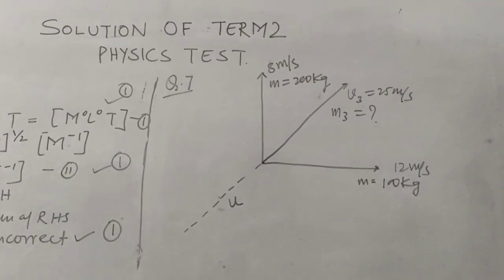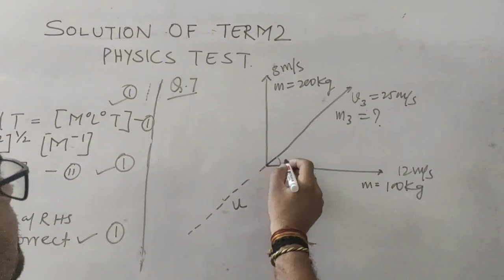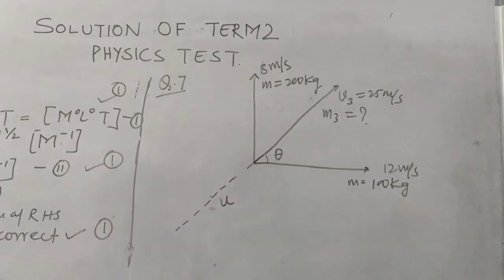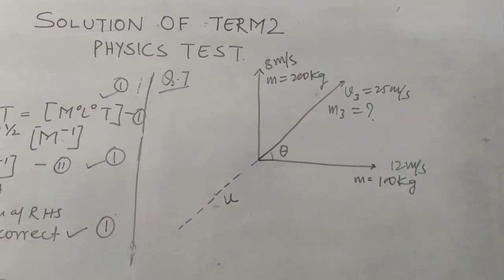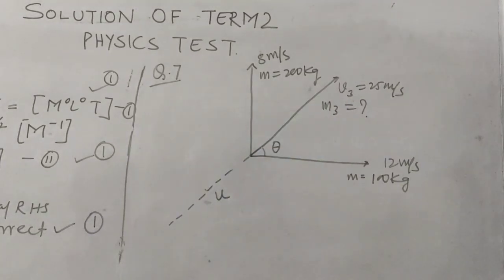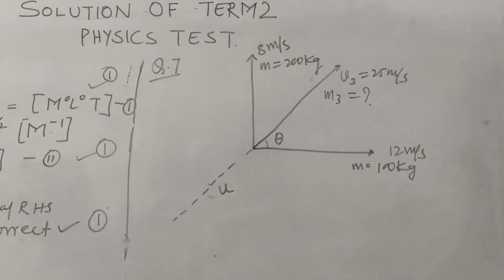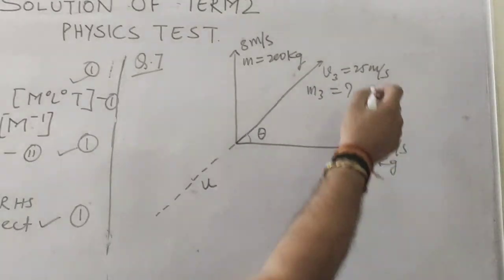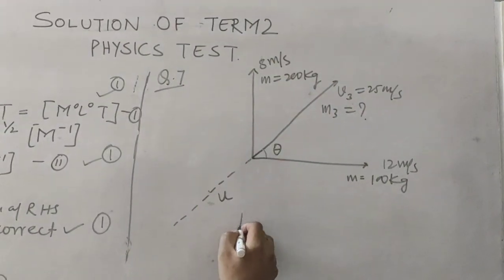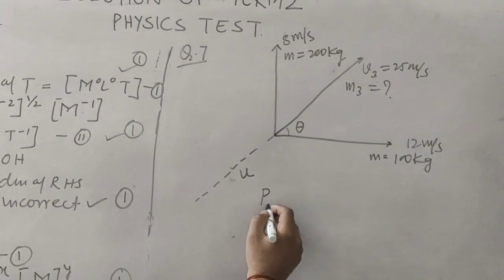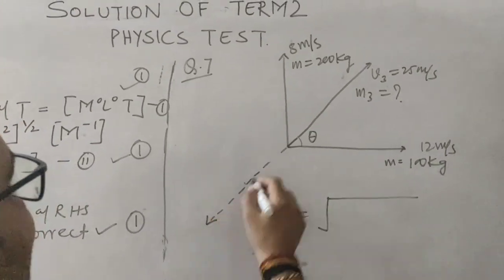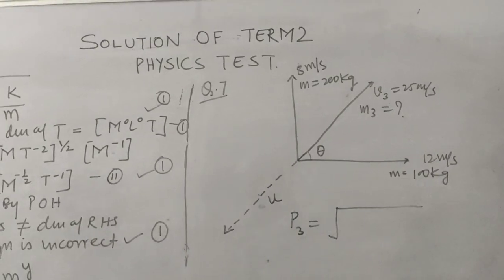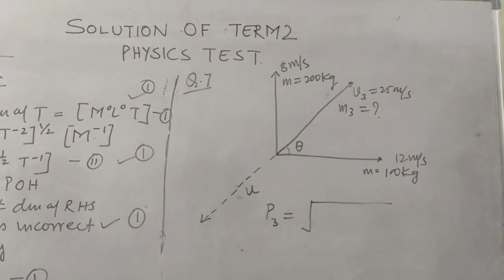So here we have to find the resultant. Here you can see this is momentum, this is momentum, this is momentum. So total net resultant momentum P3, I will consider this as resultant because if the two are moving perpendicular, the third will also move perpendicular.